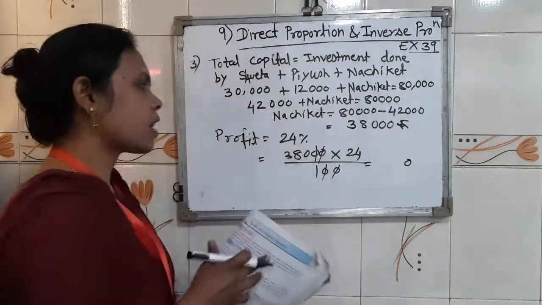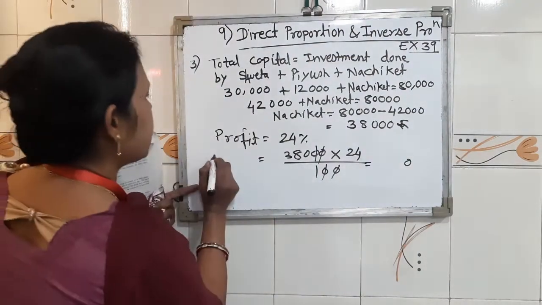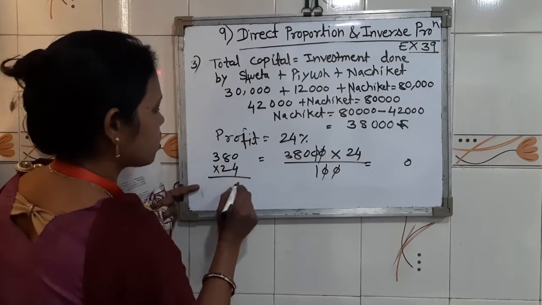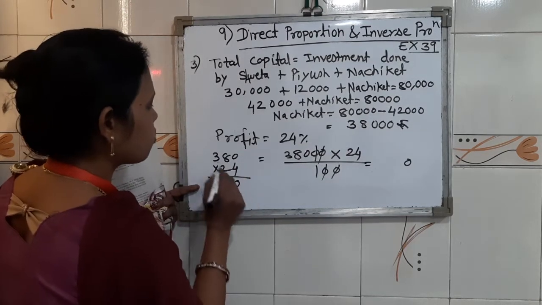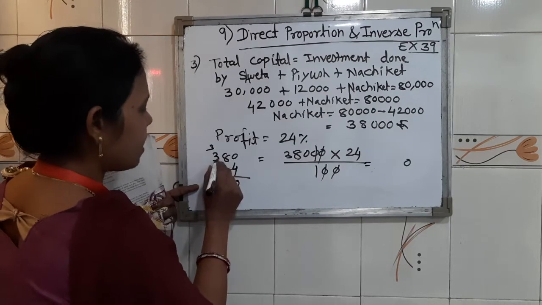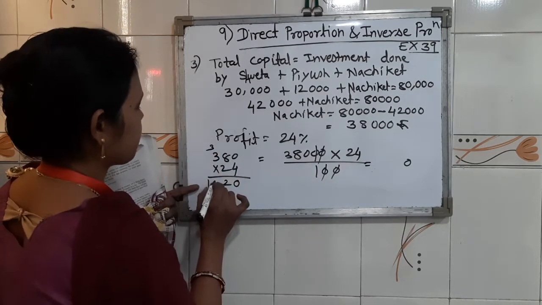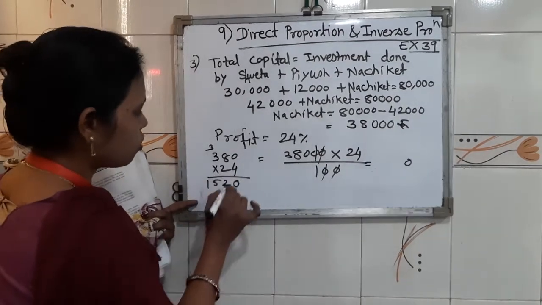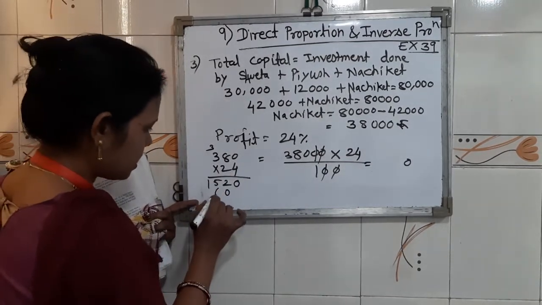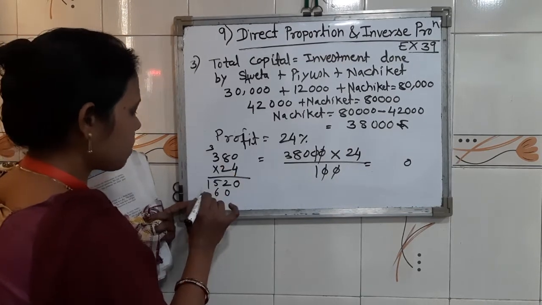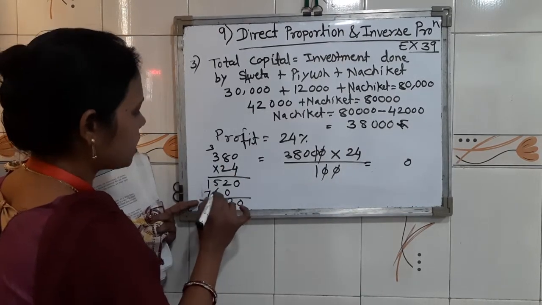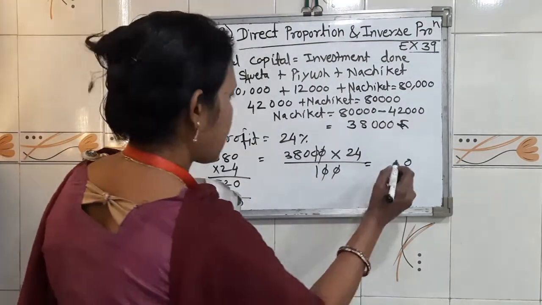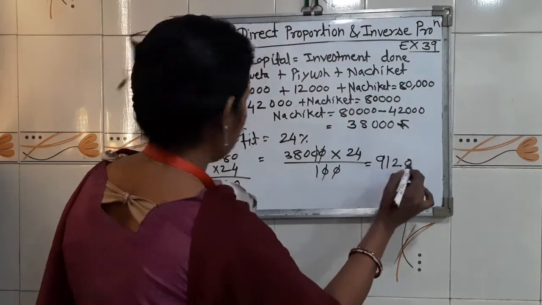If you want, you can multiply 380 by 24. 4 0 ja 0, 4 8 ja 32, 4 3 ja 12, 12 plus 3, 15. Then 2 0 ja 0, 2 8 ja 16, 2 3 ja 6, 1 7, 6 5 11, 7 8, 9. Write down 9120.